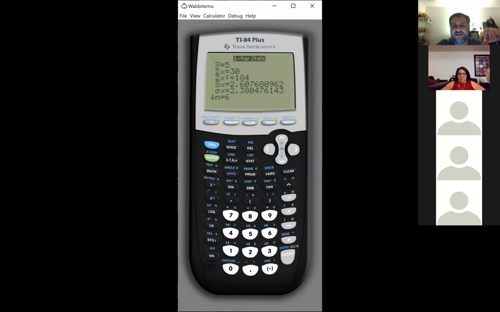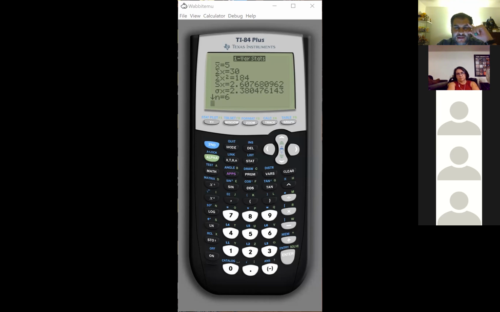Any other question in regard to the TI-84? Quick question. When I did it on mine, I hit stat, then calculate, and then 1-Var Stats, and then I pressed enter, and it says error, data type error. But I still got the answer. It still gave it to me. It still gives you the list?